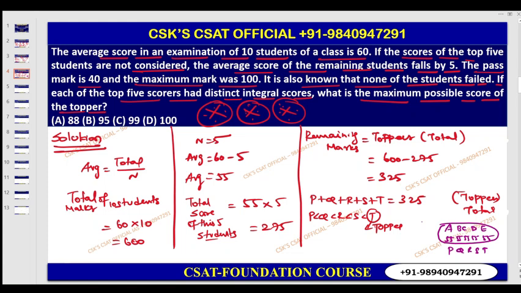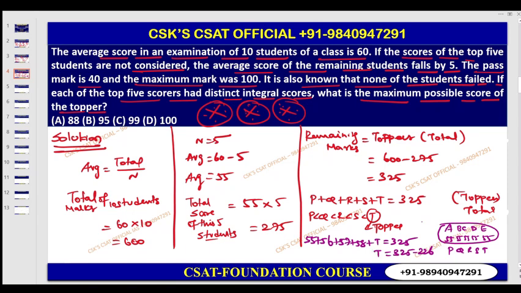In order to get the maximum value for T, you have to start with the least. So what is the least value? 55. If you take this as 55, then Q as 56, then this person as 57, this person as 58, then T becomes the topper. So what would be this mark here? 325 minus, T is equal to 325 minus 226.